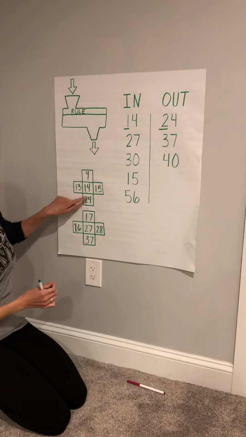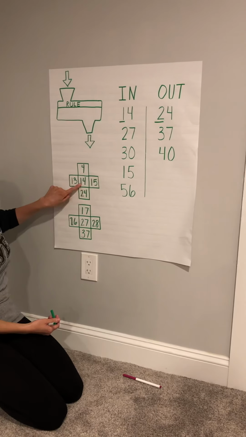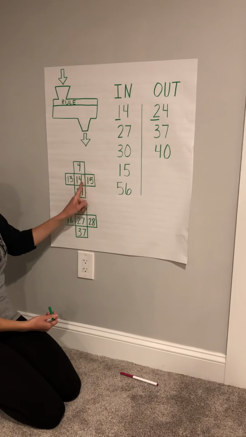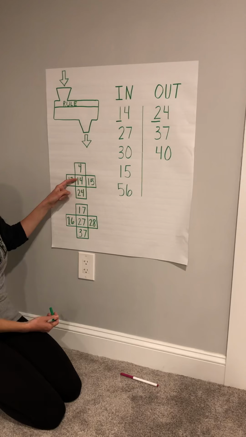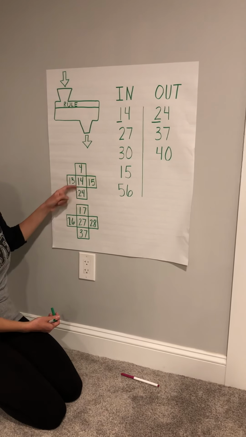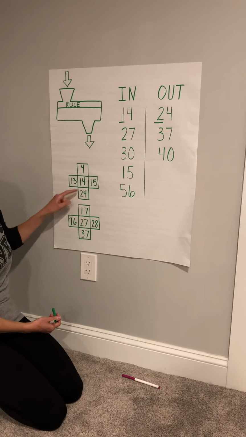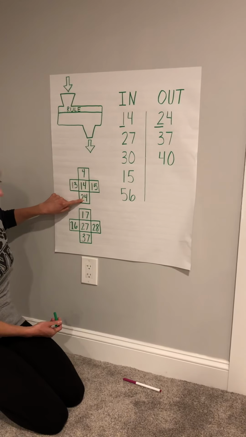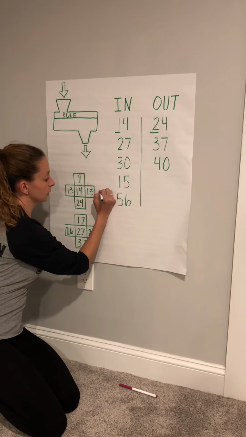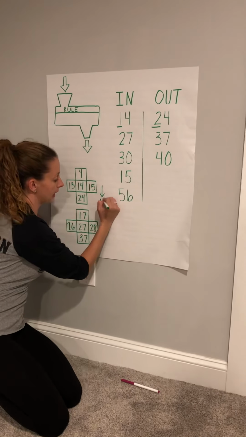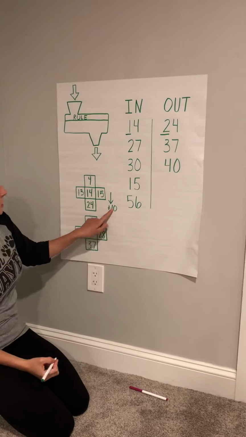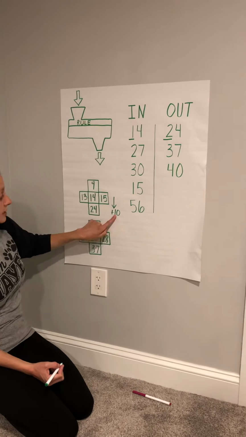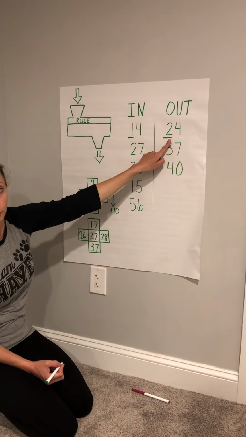If I look at 14 on my zoomed in number grid, all my ones digits stay the same, but my tens digit is getting bigger by 1. We know that when we go down one box on the number grid, we're adding 10. So 14 plus 10 would give me 24.